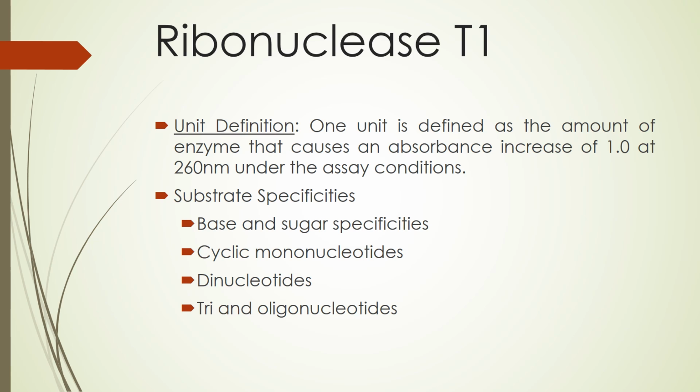Now it comes to cyclic mononucleotides. RNase T1 catalyzes hydrolysis of cyclic nucleotides. Dinucleotides are also substrates, and tri- and oligonucleotides. Although dinucleotides are substrates for RNase T1, catalytic efficiency is optimal with oligomers 3 or more nucleotides long.